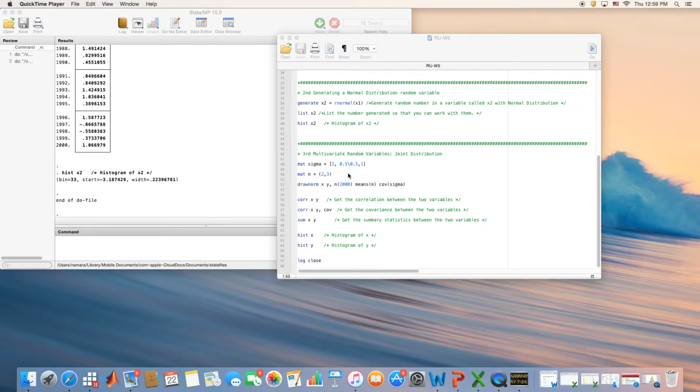Or in other words, this is a covariance of x and itself, which is simply the variance of x, and this is the covariance of y and itself, which is simply the variance of y.